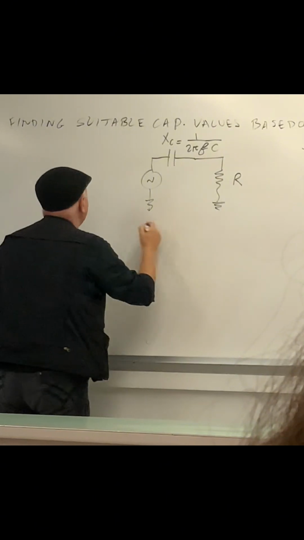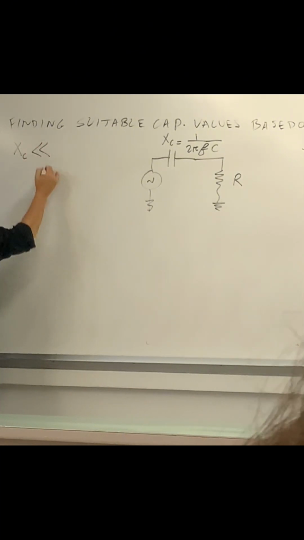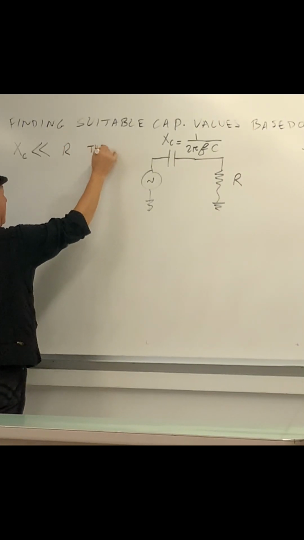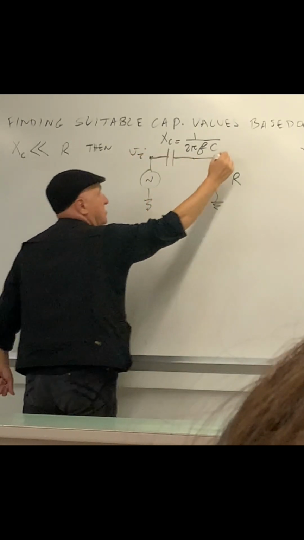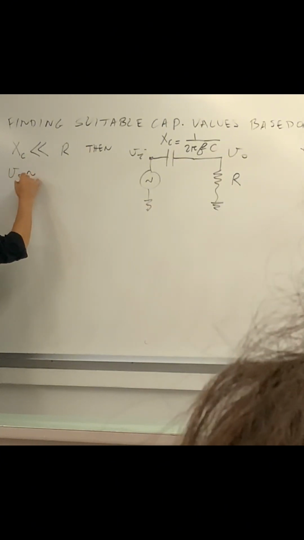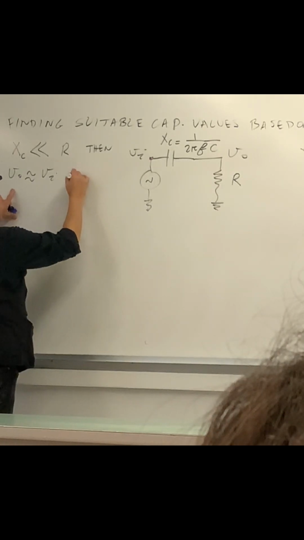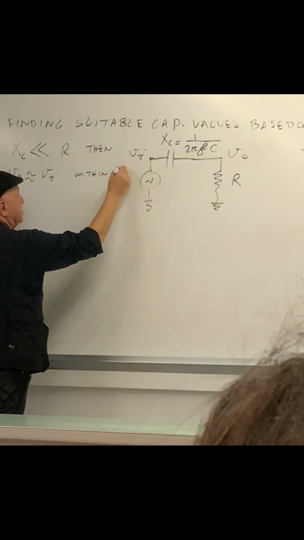If X sub C happens to be much, much smaller than R, then VO is approximately equal to VI under this condition, within 10% error.